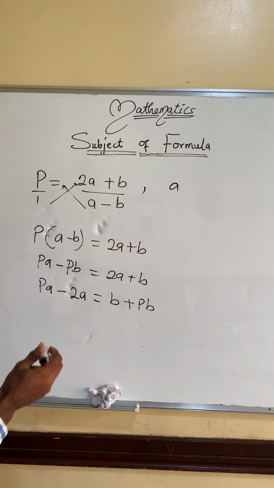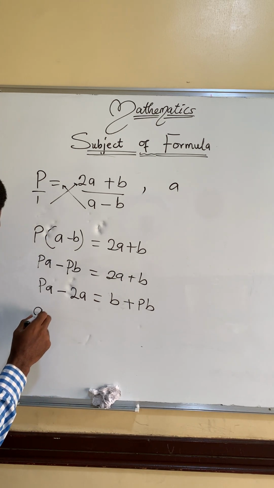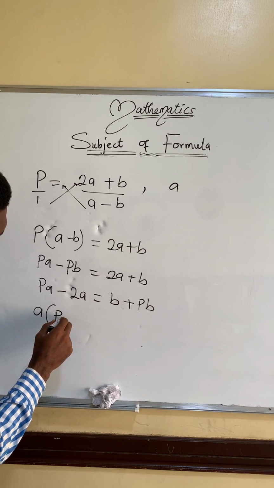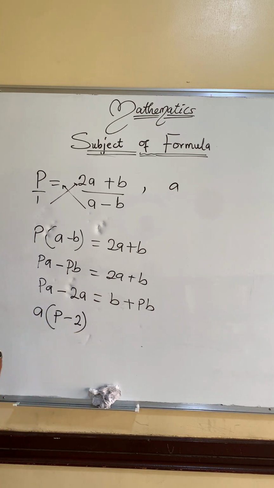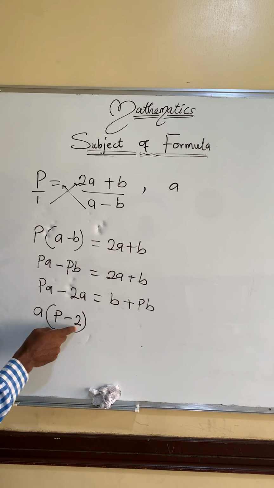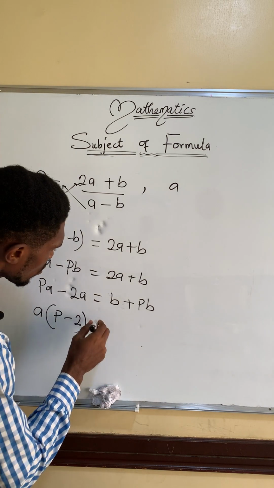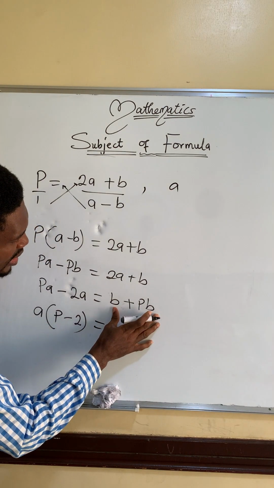So here, what is common among these two is A. So we write A, say P minus 2. This is the same thing here. So you say A times P is PA, A times 2 is 2A, minus 2A, right? So we have, what is common here is what?